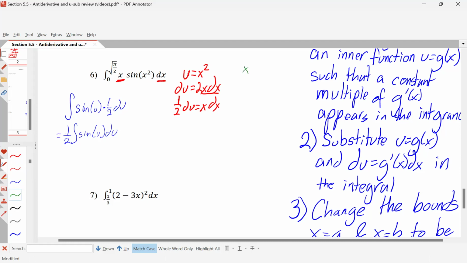So when x equals 0, u equals 0 squared, which is just 0 again. Our lower bound continues to not change, but that's not always the case. And when x equals the square root of pi over 2, u equals the square root of pi over 2 squared, which is pi over 2.